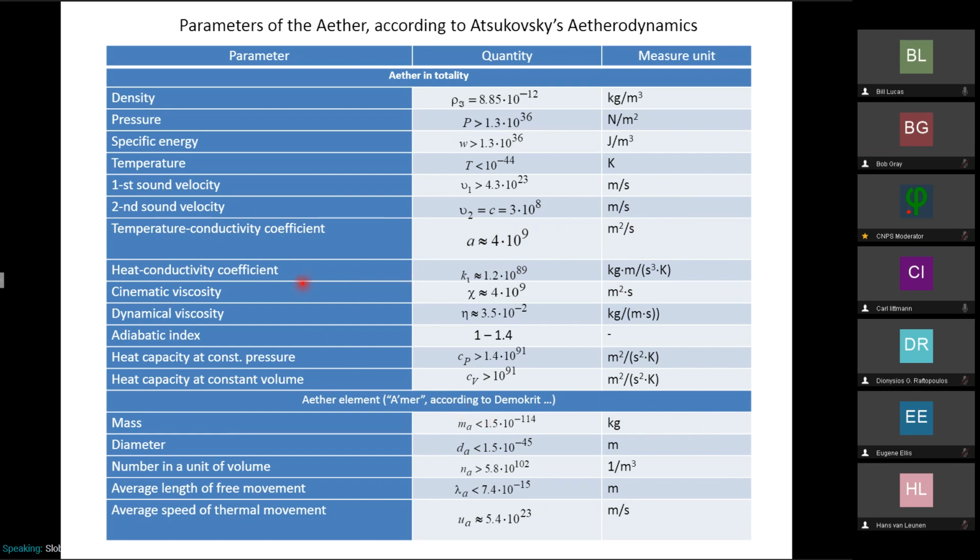Then heat conductivity, kinematic viscosity, dynamic viscosity, heat capacity, and so on. And then mass, diameter, unit volume, average speed, average length, and so on. These parameters can contribute to a very consistent formulation of ether-dynamics in general, where electromagnetism comes as just one segment.